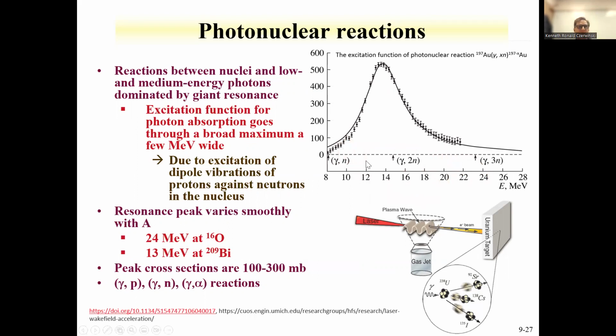So let's say you have something that's giving off photons between 10 and 20 MeV, and it hits gold, because you're gold mining, and it knocks off 1 neutron, 2 neutrons, or 3 neutrons of that gold. Most of the time, it looks like it's going to be a 2 neutron reaction. Gold 197 is a stable isotope.